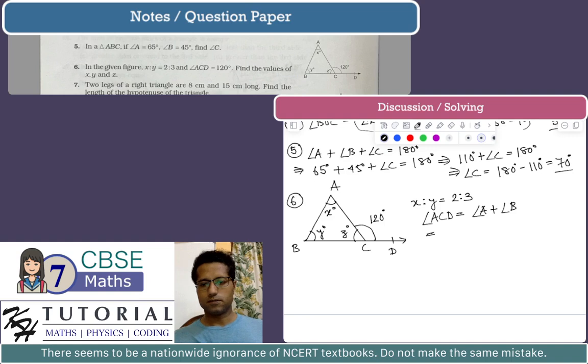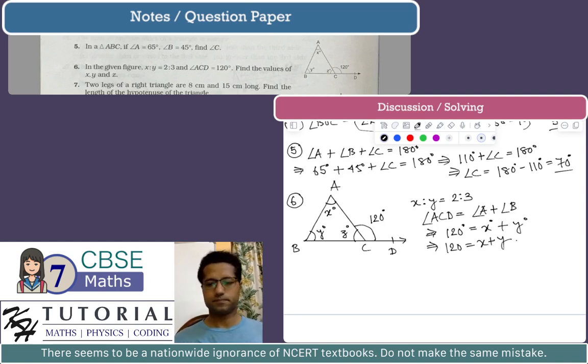So this implies 120 degrees is equal to A is x degrees and B is y degrees. Now if we ignore the degrees, we will get 120 is equal to x plus y. Okay. Now x is to y is given as 2 is to 3.